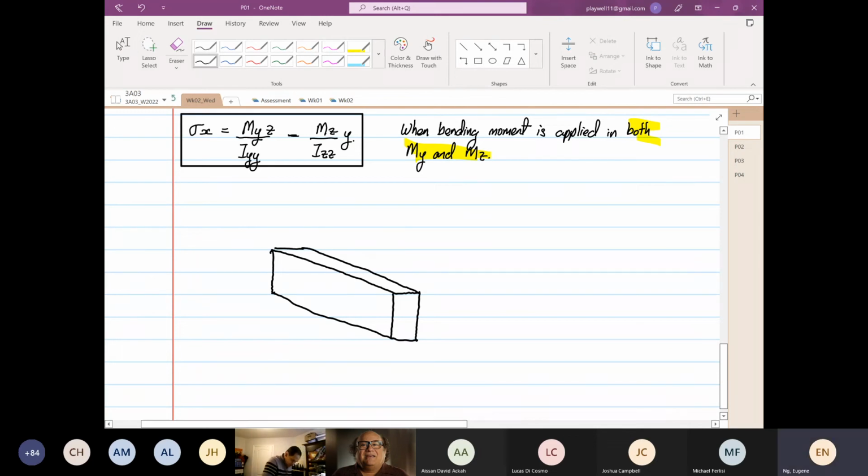Okay, so the beam is cantilever. Okay, is inbuilt.